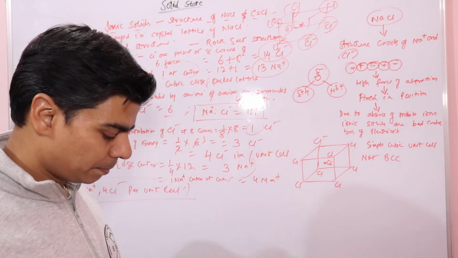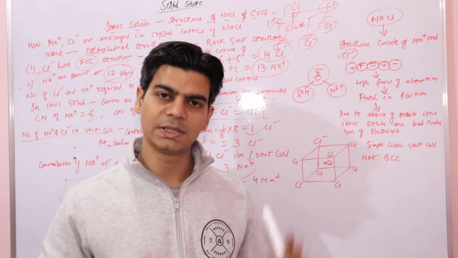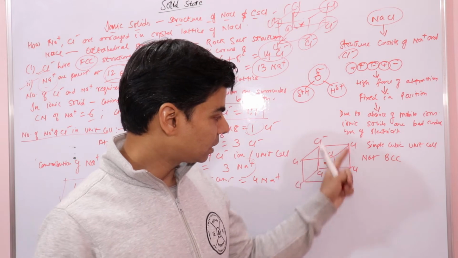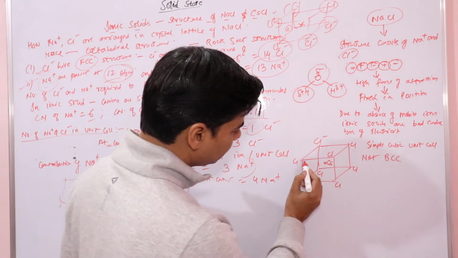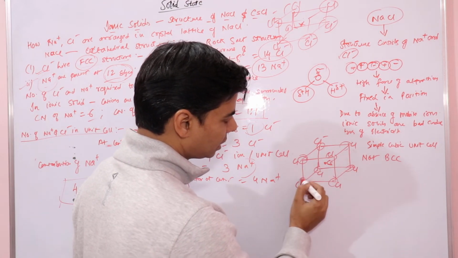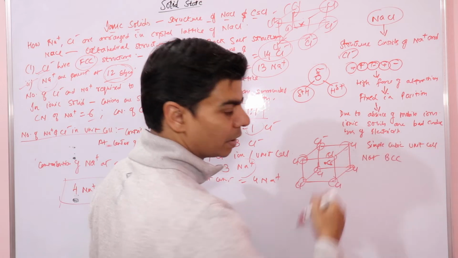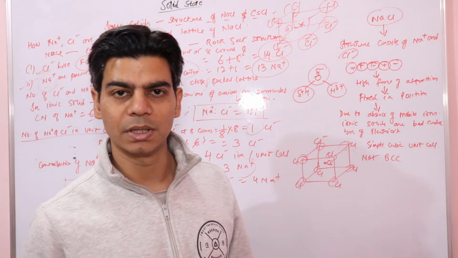If you remember, when we talk about unit cells, the particles that are arranged are similar. Here the similar particles are chloride ions, so these chloride ions are arranged in simple cubic.